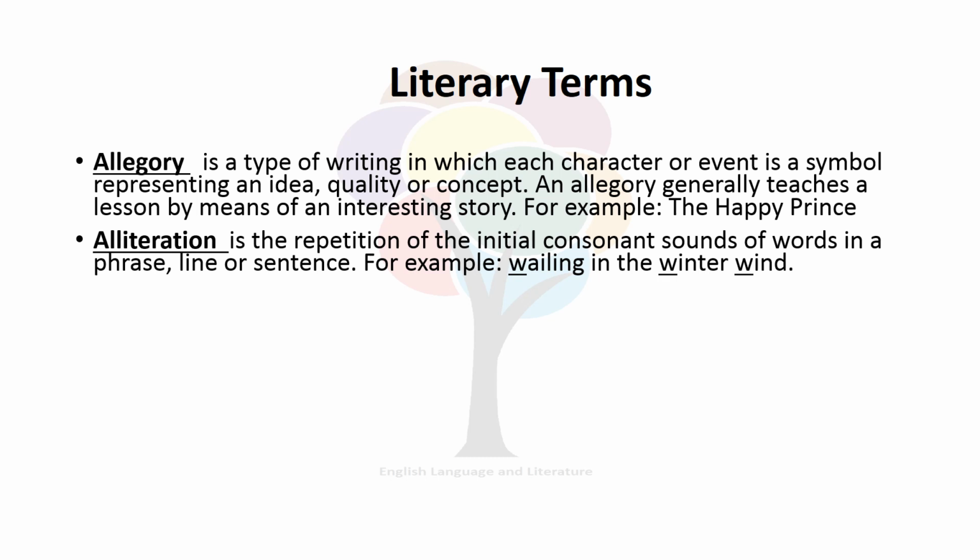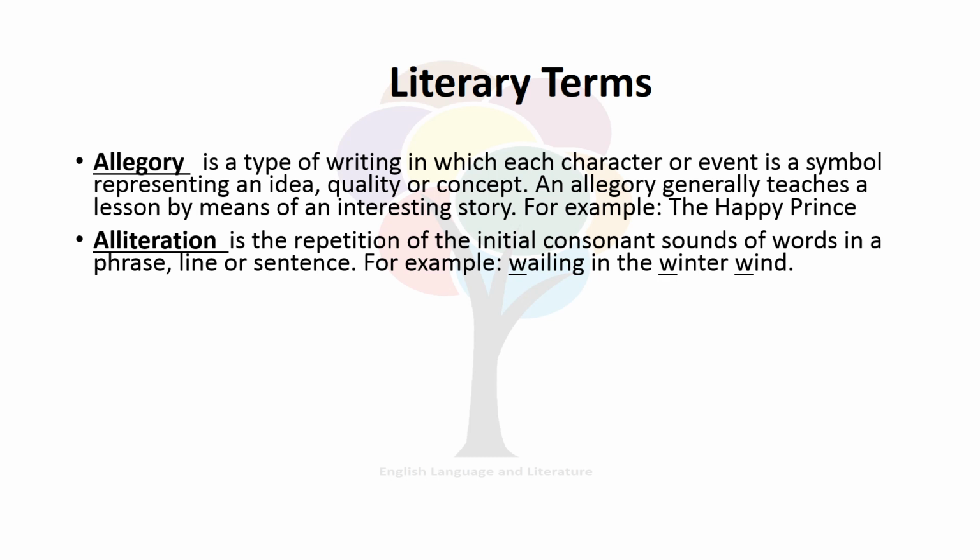Alliteration. Alliteration is actually a poetic device with which a poet creates music in a line of poetry. So it is the repetition of the initial consonant sounds of words in a phrase, line or sentence. For example, wailing in the winter wind. Here W sound is used as alliteration. It creates music in the line.